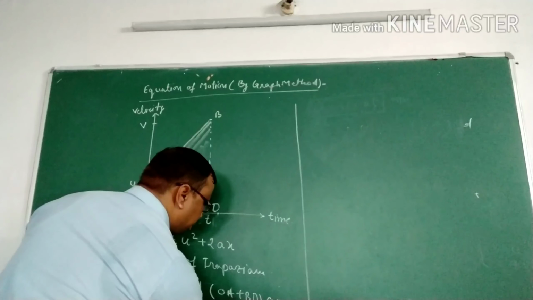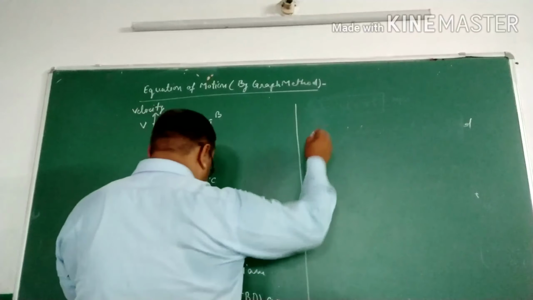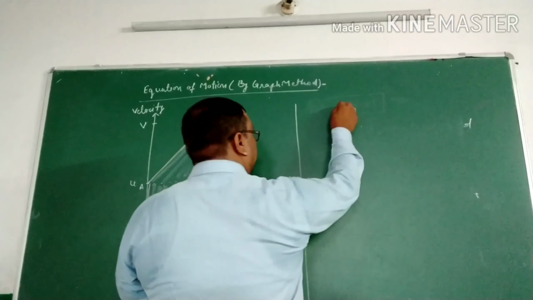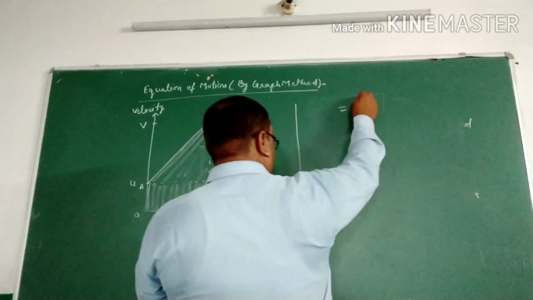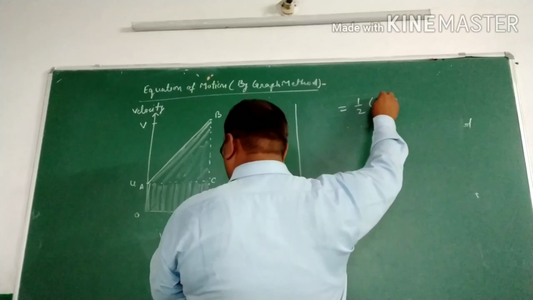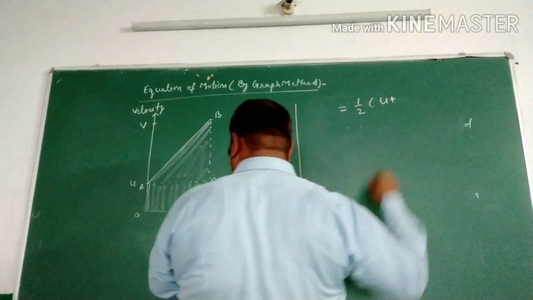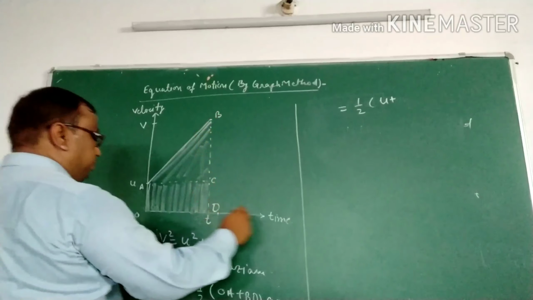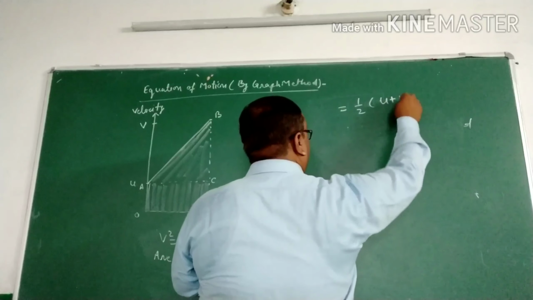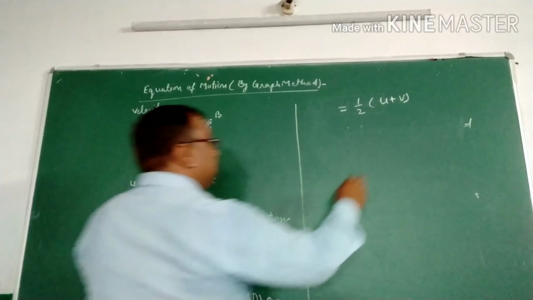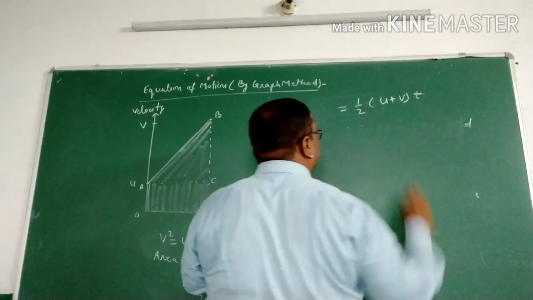Clear? Now this area gives half OA plus BD. OA means U, BD means V, and OD is T. Clear?